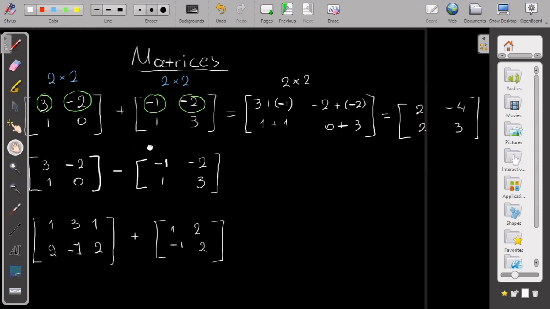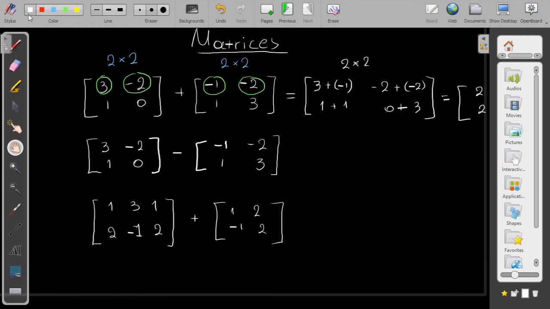Let me see now. Here, subtraction is going to be the same. 3 minus the other element, minus 1, and here I'm going to have minus 2, sorry, minus 2.